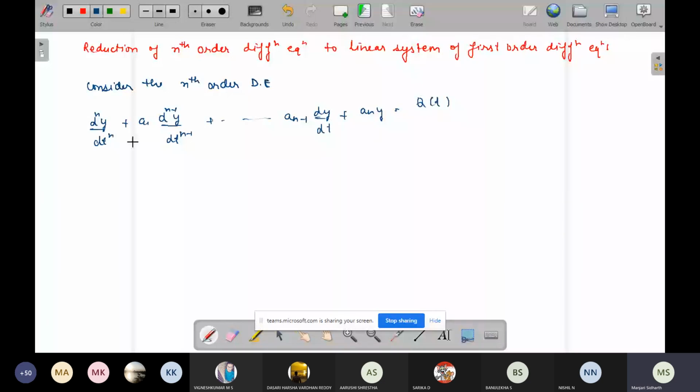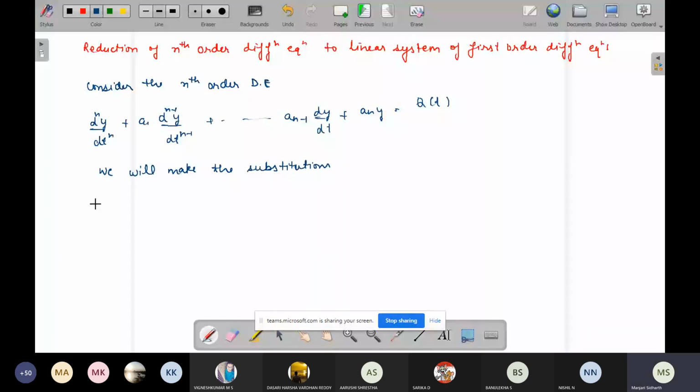So we'll make the following substitution. Now see the substitution carefully, otherwise you will be confused. Substitutions.